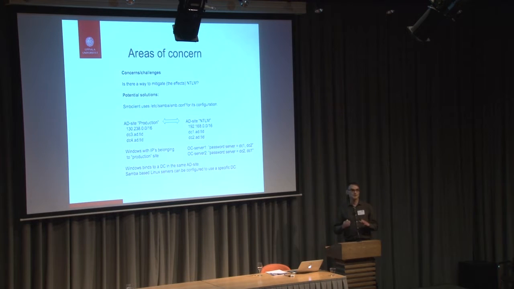when you know that Windows clients bind to a DC in the same site, you could create an NTLM authentication site to offload the production DCs for the production site.